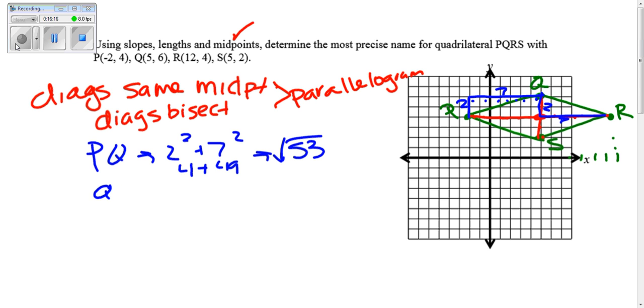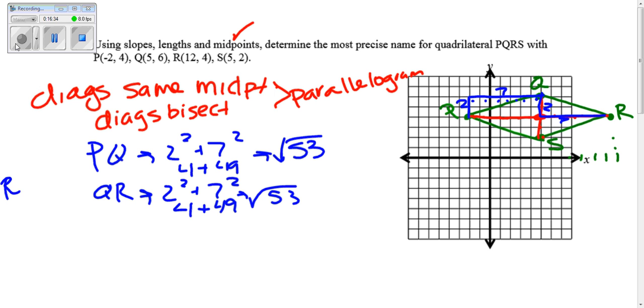So what does that tell me? Just to recap while I'm writing, why did we do that? We already know it's a parallelogram because the diagonals bisect each other. So I already know that the opposite sides are congruent and parallel. Now I'm finding out, are the two next to each other congruent? Since PQ and QR are congruent, this is not a rectangle, because in a rectangle, consecutive sides are not congruent. So this is either a square or a rhombus.